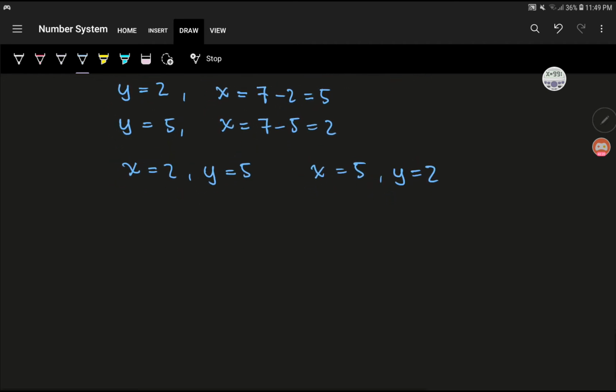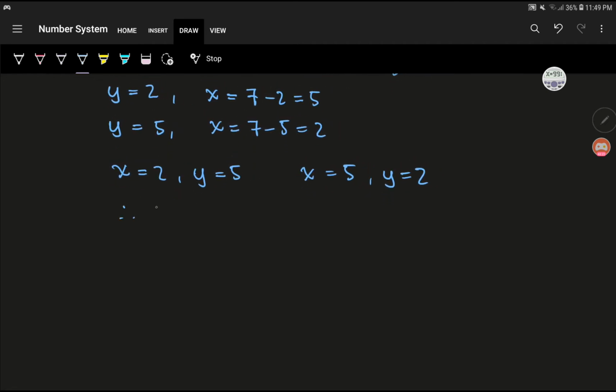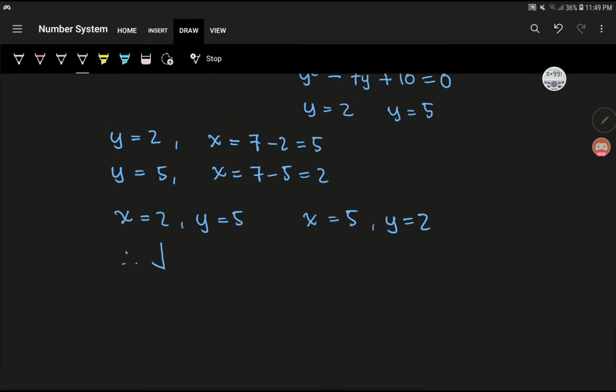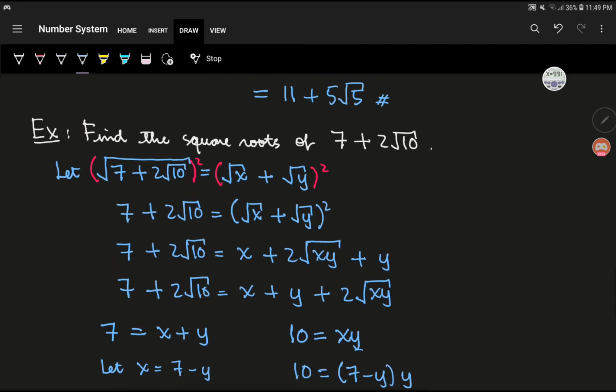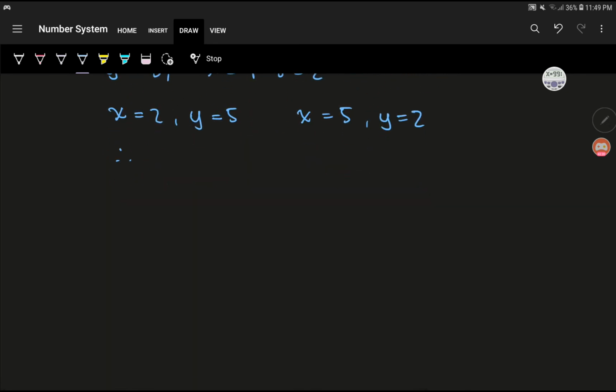Therefore, going back to what we assumed in the first line, √(7 + 2√10) is √2 plus √5.